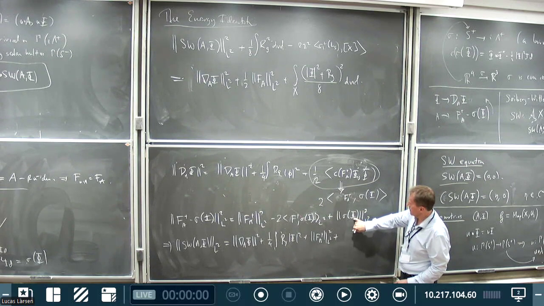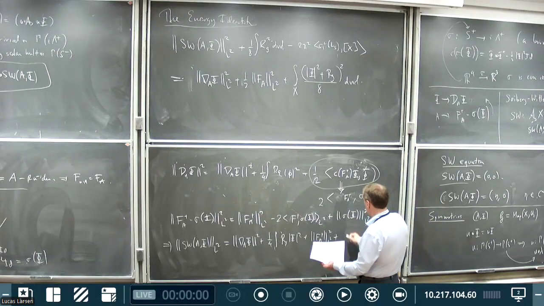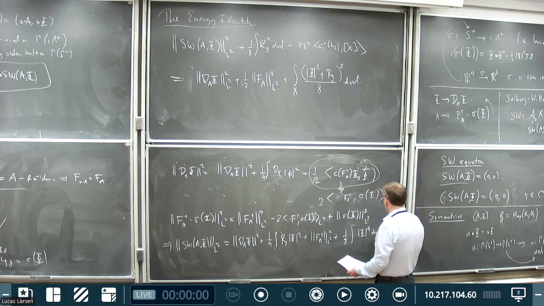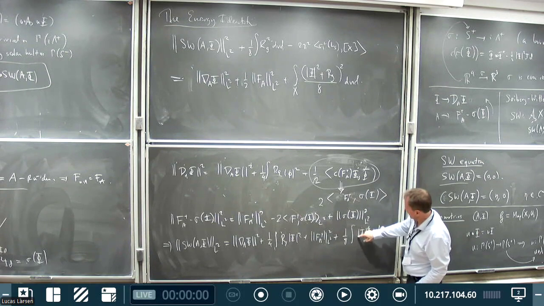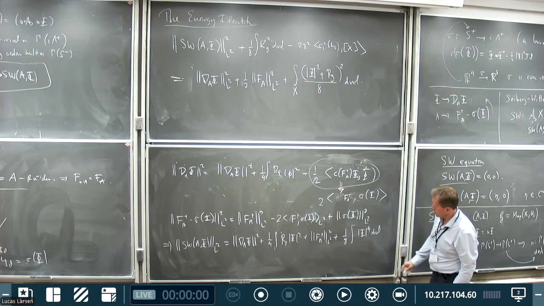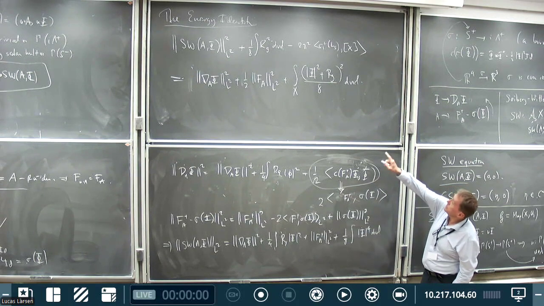It's just a multiple of the pointwise norm of phi to the fourth, and it turns out to be 1/8 the integral of phi to the fourth. This term is equal to this. So again, similar factors of 2 come in. All right, so that's pretty close to what we have.